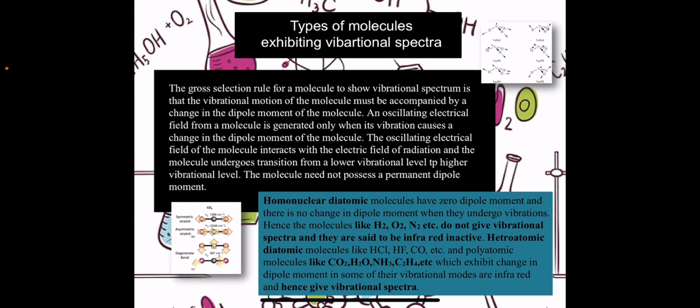Now the heteronuclear diatomic molecules, for example HCl, HF and carbon monoxide, and other polyatomic molecules like carbon dioxide, water, ammonia, ethene, etc., which exhibit change in dipole moment in some of their vibrational modes are infrared active and hence they give vibrational spectra.